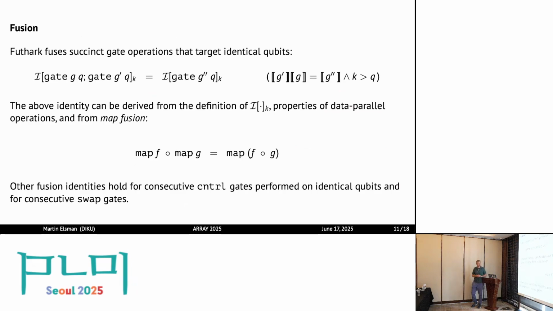Now for fusion, it turns out that we want to have the property that if you have two consecutive gate operations performed on the same qubit, that should be identical to a gate that semantically is equivalent to multiplying the semantics of those two gates, and then we should be able to use that gate operation instead.